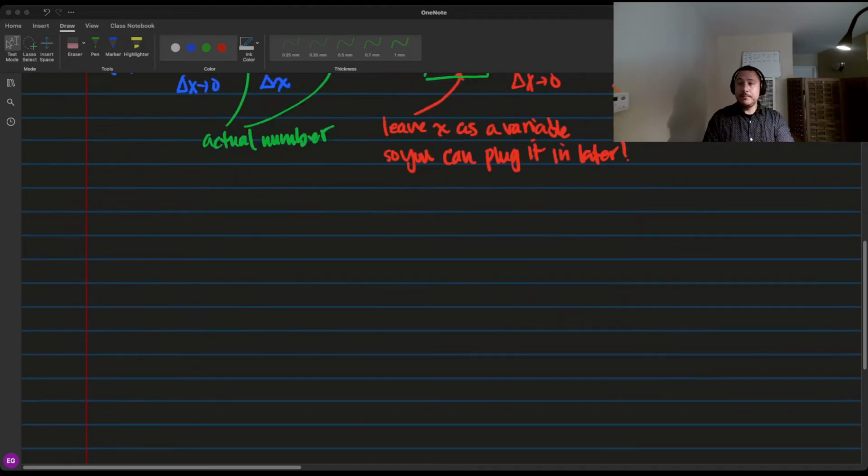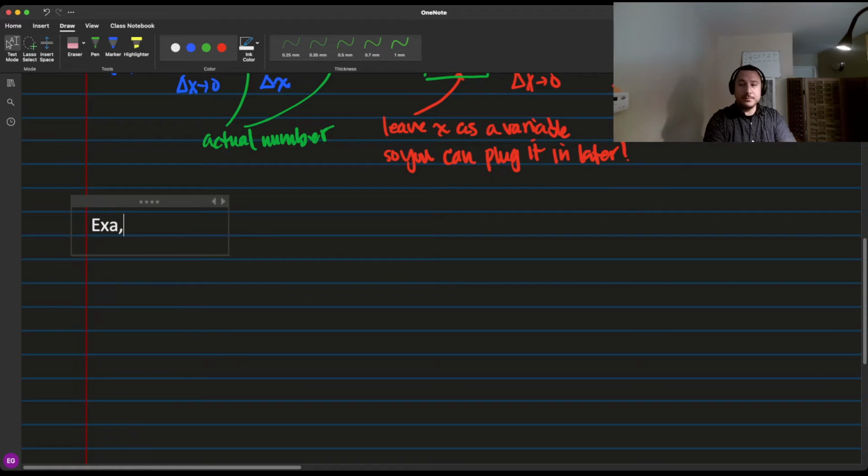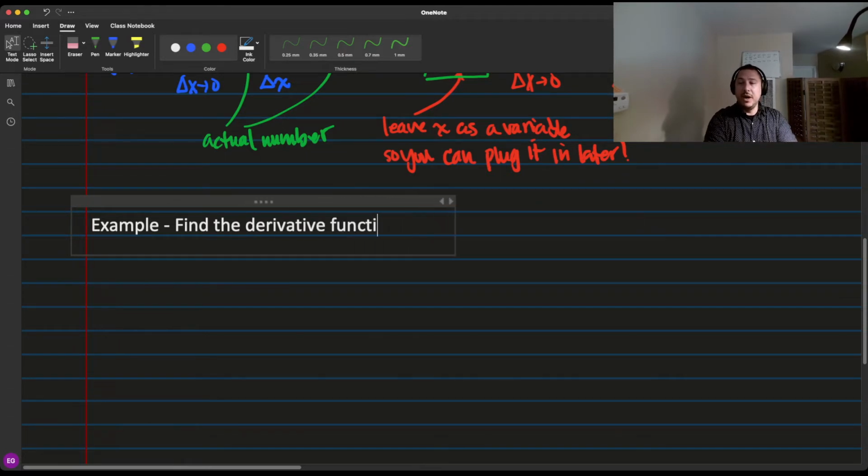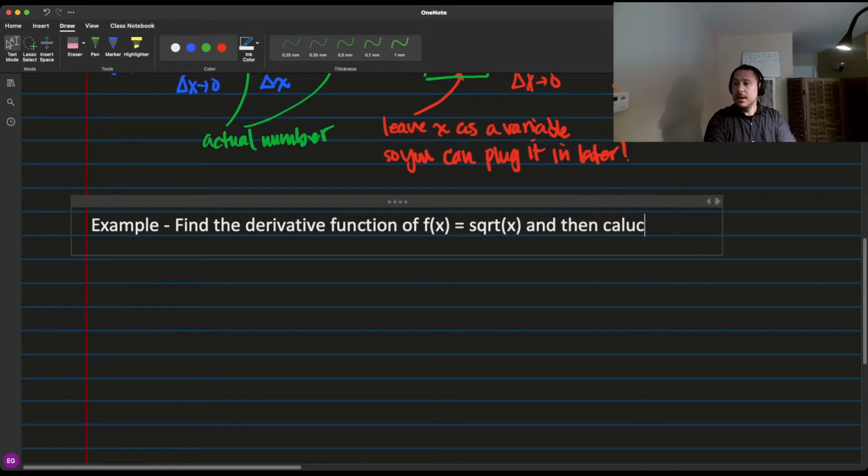Okay, so let's do an example. Find the derivative function of f of x equals square root x, and then calculate the derivative at 1 and the derivative at 2.